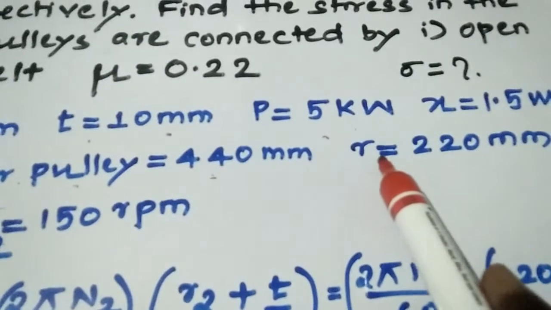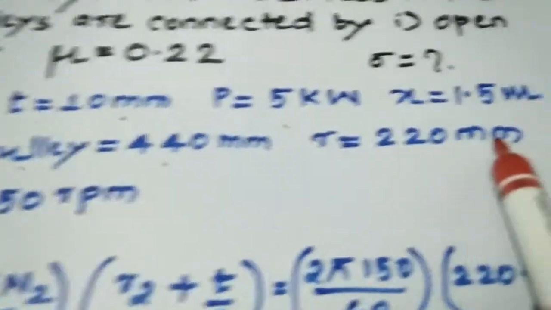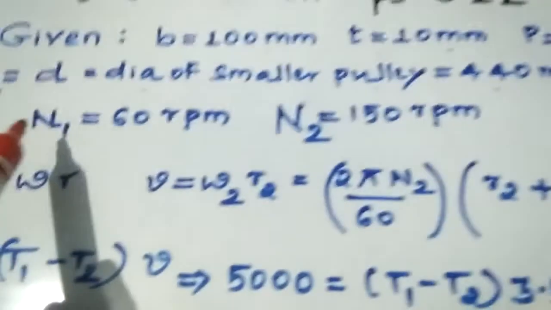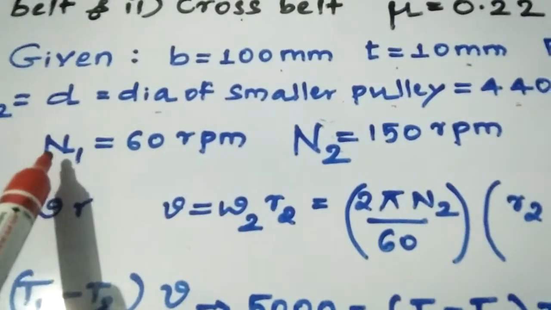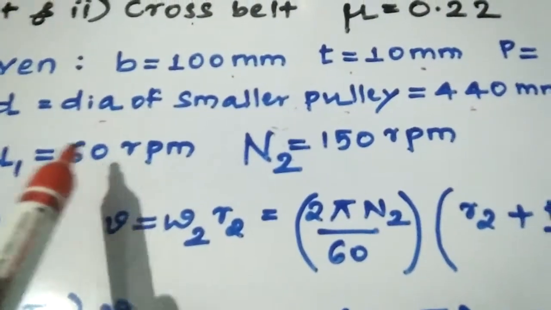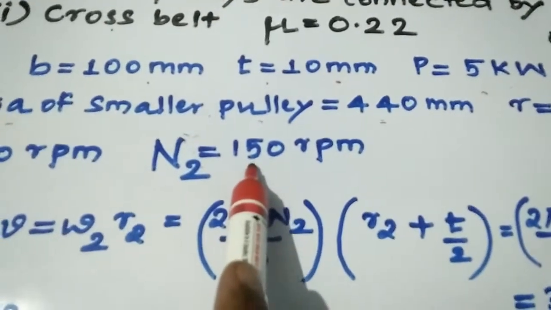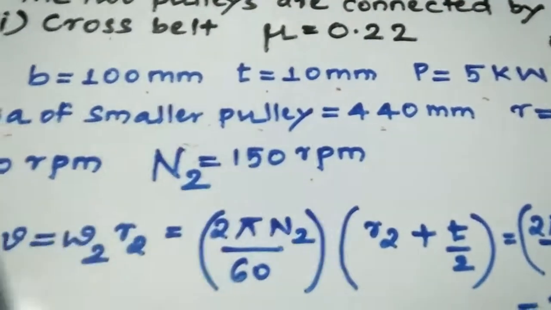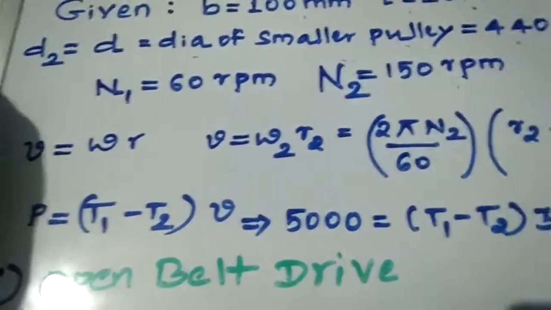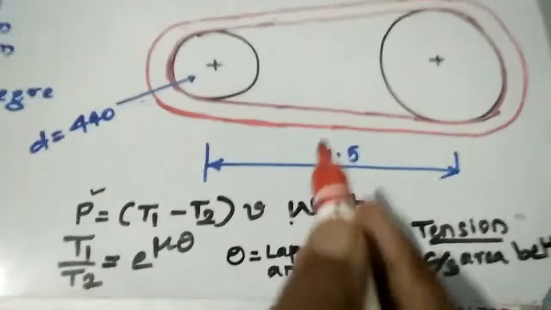You have to convert it to radius, which comes to 220 mm. The speed of the driving shaft is given as 60 rpm, and the speed of the driven shaft is given as 150 rpm. These are the speeds of the two pulleys.